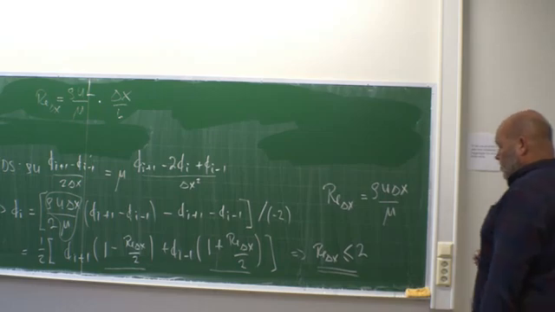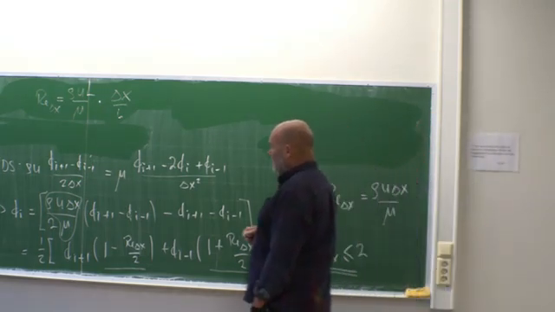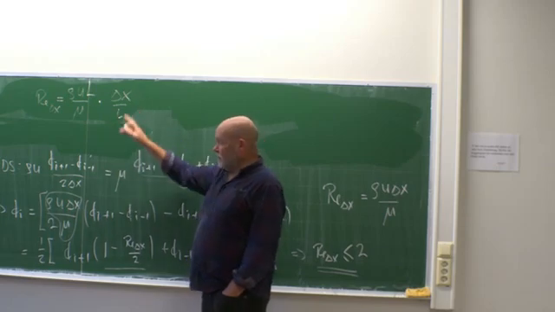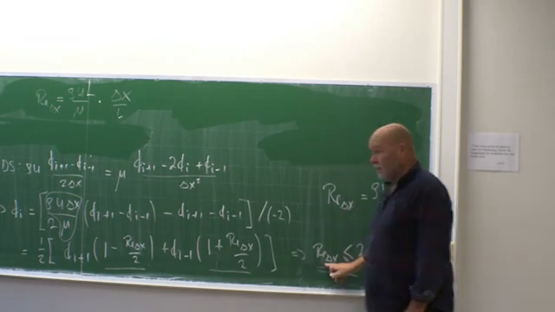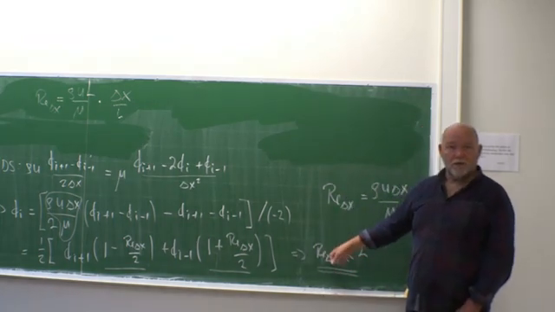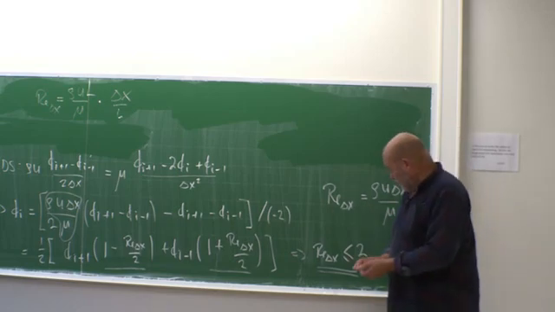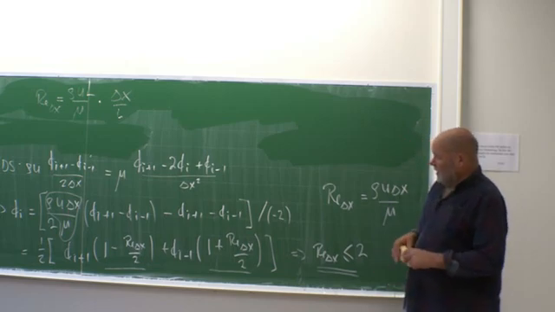And when I choose 50 and I had 10 delta x's, okay, then my cell Reynolds number is 5. Of course it's going to explode. So no way around that one.